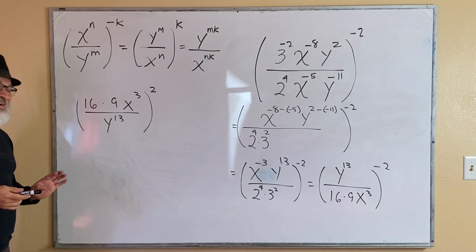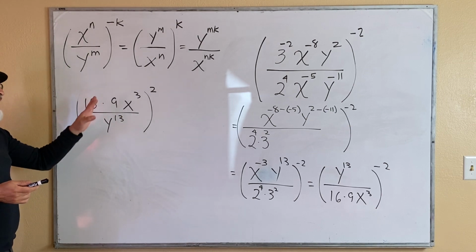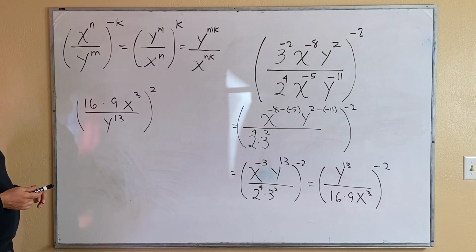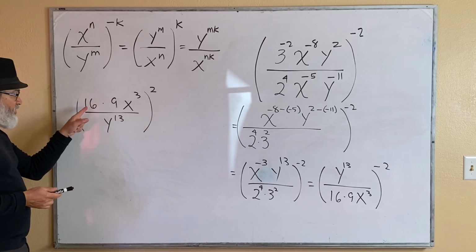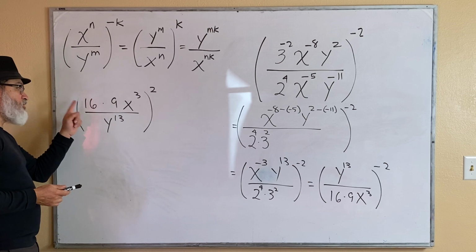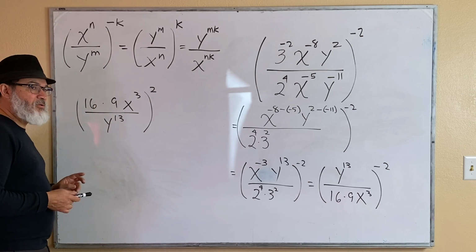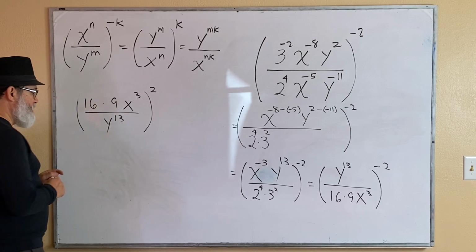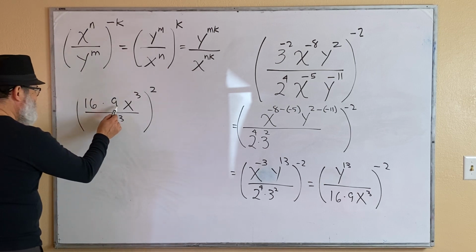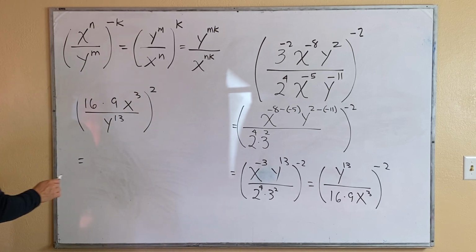And now I can simplify, or I can apply the rule. Okay? You can multiply 16 times 9 with a calculator now. Okay? 16 times 9. Let me see. 6 times 9 is, what's that, 54? Takes 5.